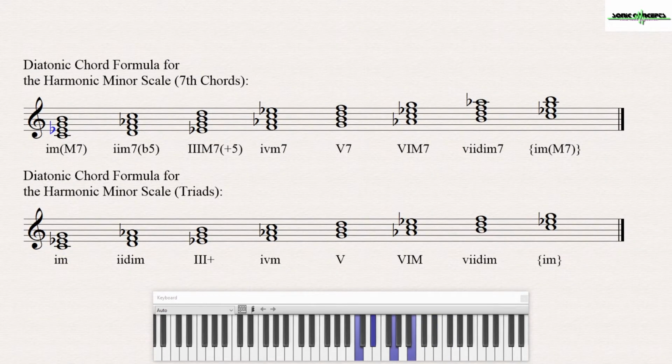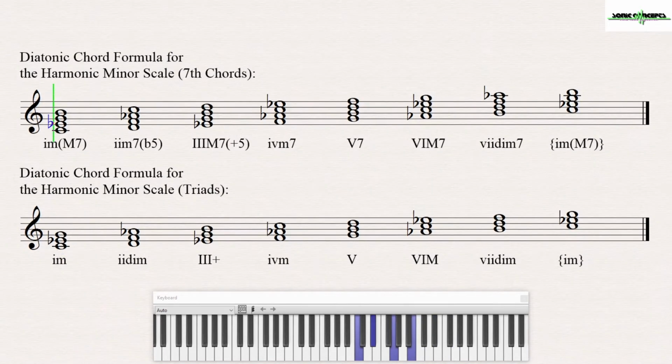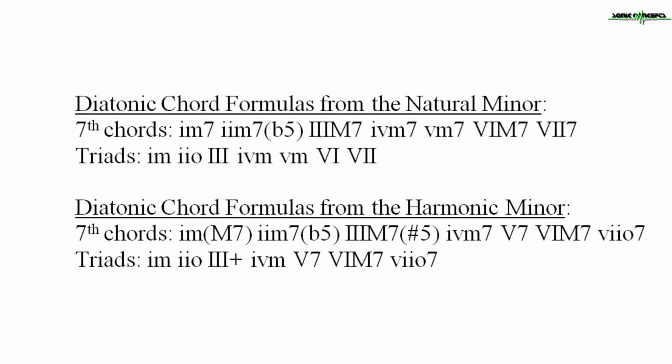And here are the diatonic chords from the harmonic minor scale. And the triads. Here's a comparative look for the diatonic chord formulas for these two scales.